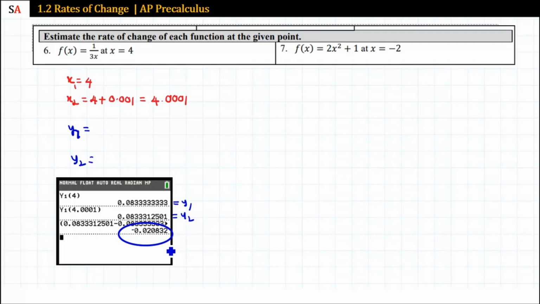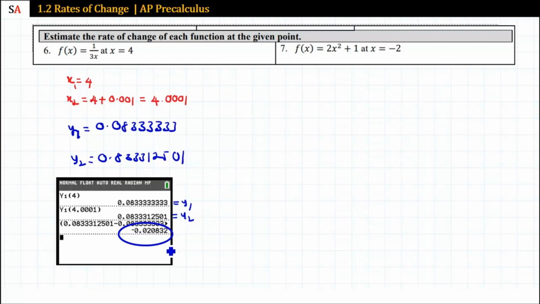You will get y1 equal to approximately 0.0833333, and y2 equal to 0.08331250.